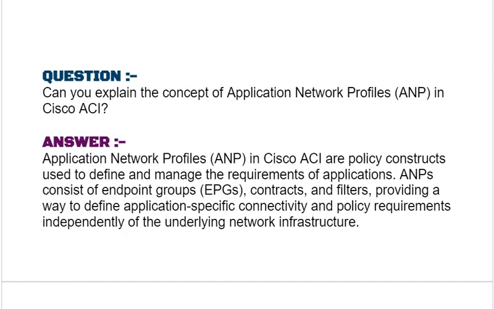Our next interview question is: can you explain the concept of application network profiles ANP in Cisco ACI? Your answer should be Application Network Profiles ANP in Cisco ACI are policy constructs used to define and manage the requirements of applications.